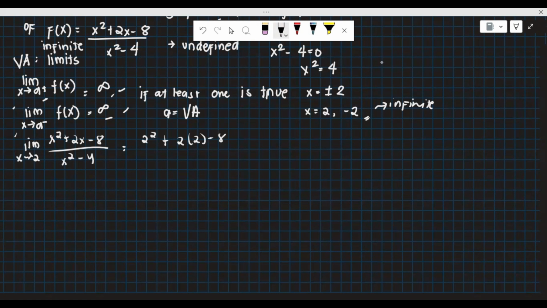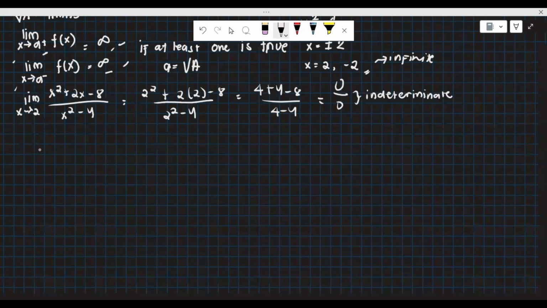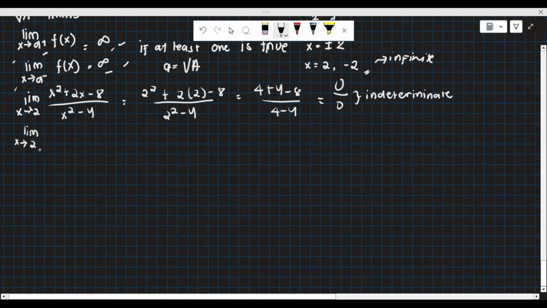So 2 squared is 4, plus 4, minus 8, over 4 minus 4. So 4 plus 4 is 8, minus 8 is 0. 4 minus 4 is 0. So this one is indeterminate. It's not an infinite limit because you don't have a constant on top. It's actually a 0 over 0, so it's indeterminate. So to simplify this, we can factor the function. So we can have x plus 4 times x minus 2 over x plus 2 times x minus 2.